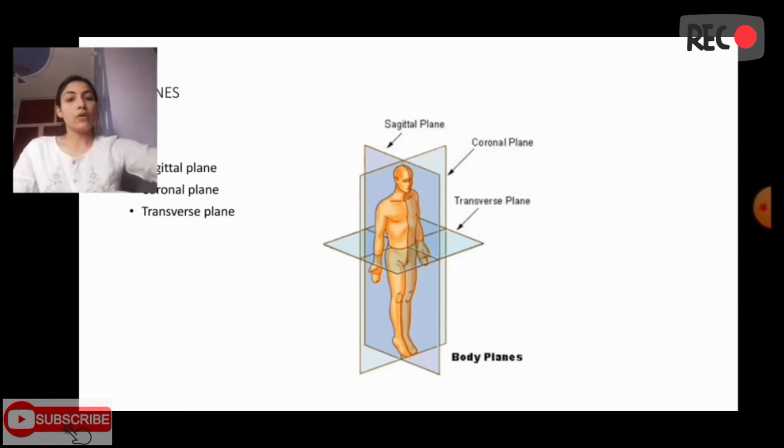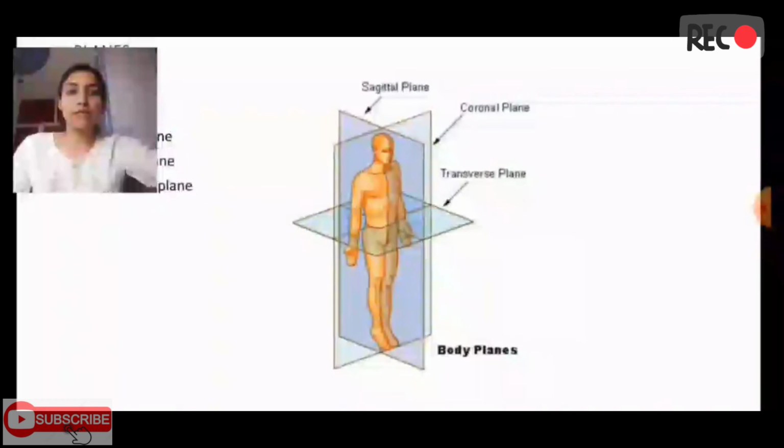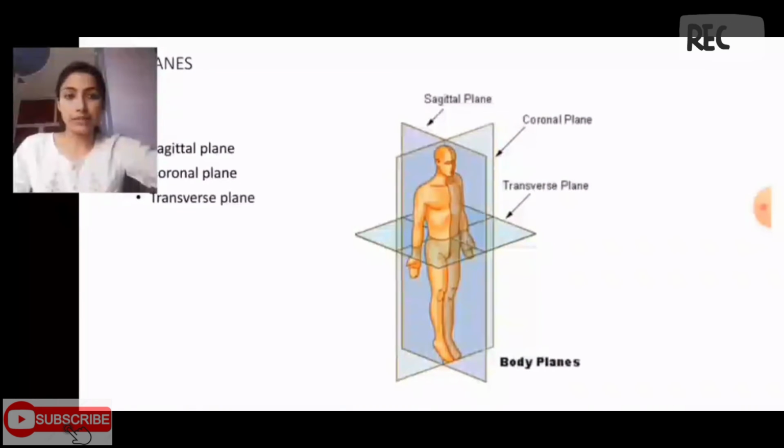Now we will read about certain planes present in our body. There are three planes in our body. Number one is the sagittal plane, number two is the coronal plane, number three is the transverse plane. Now we will read about the sagittal plane in detail.